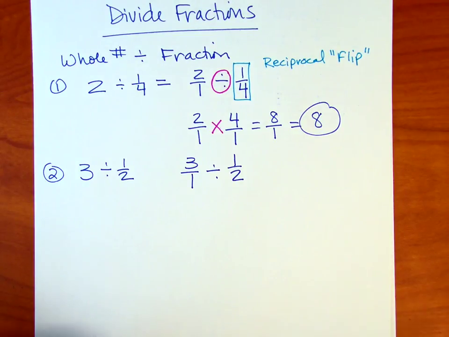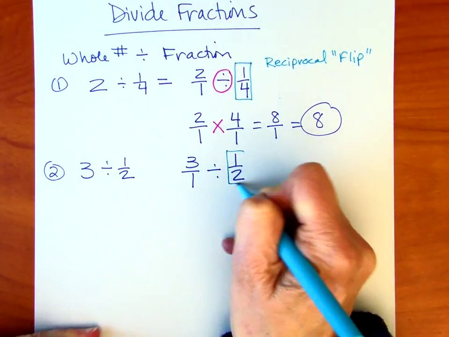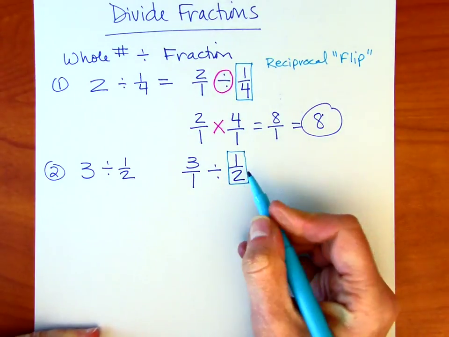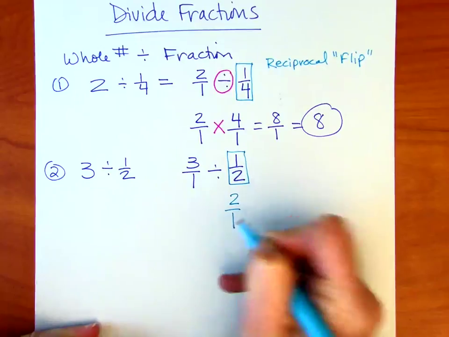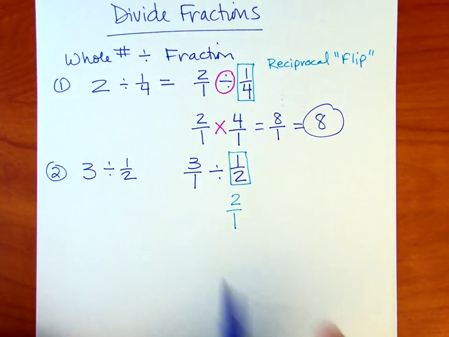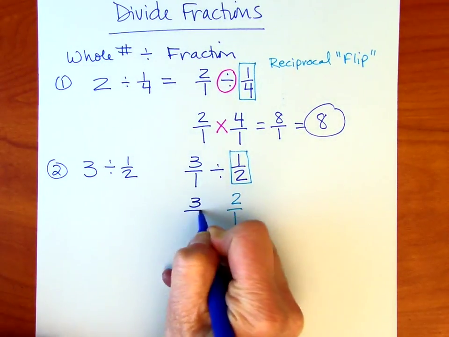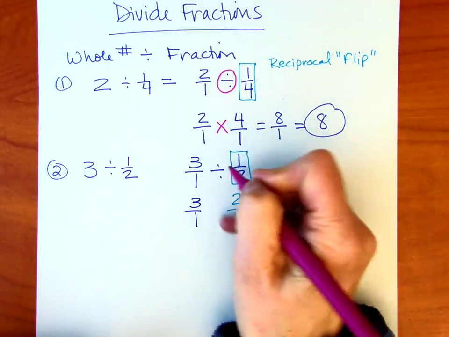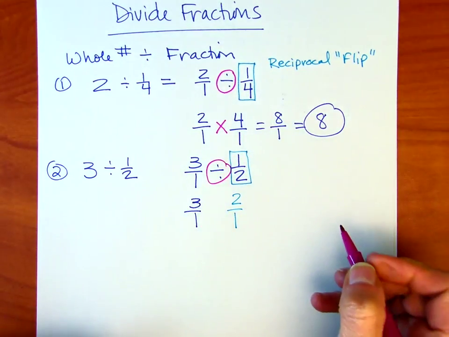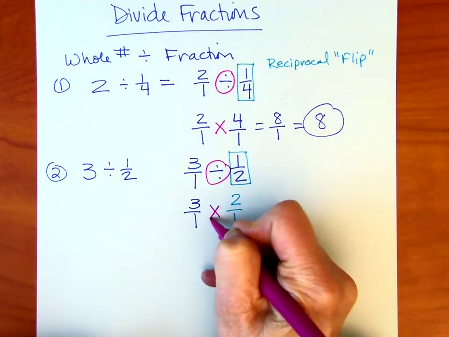Just like in the first problem, we want to flip this second fraction. So instead of 1/2, it's going to be 2 over 1. I'm going to rewrite this 3 over 1, and also like the first, we're going to change that division to multiplication.